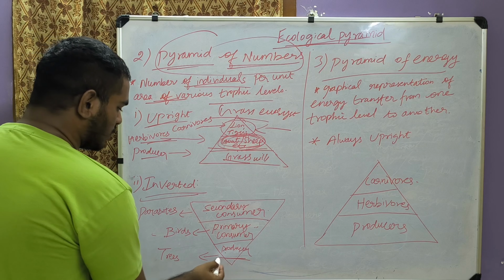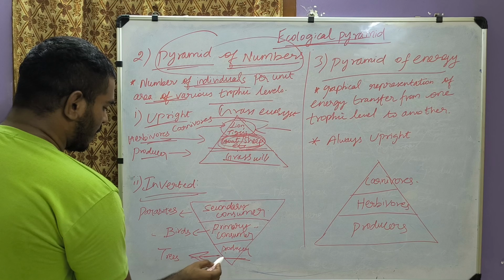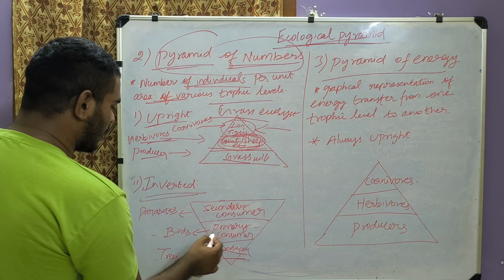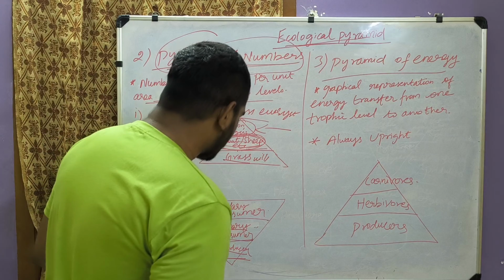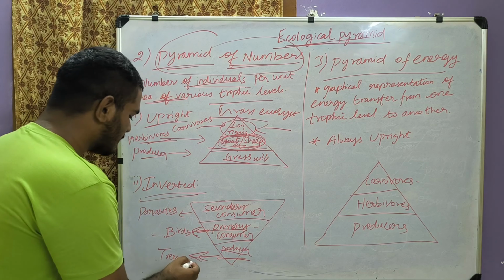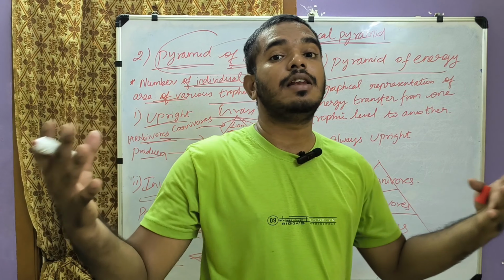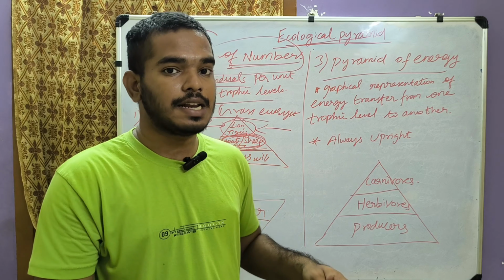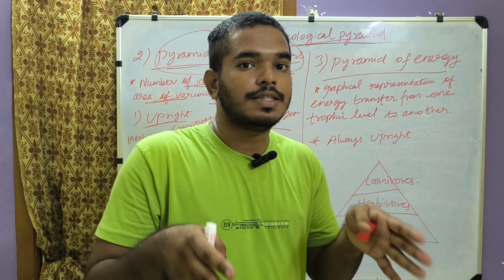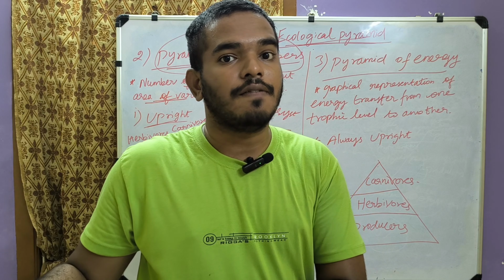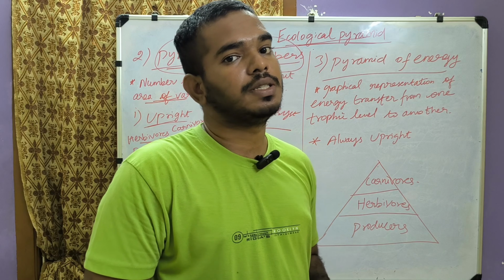In this ecosystem, the number of trees is less than the number of birds, which are primary consumers. Why? Because a tree is very large in size. In a tree ecosystem there will be very large trees, so their number will be less when compared to birds.